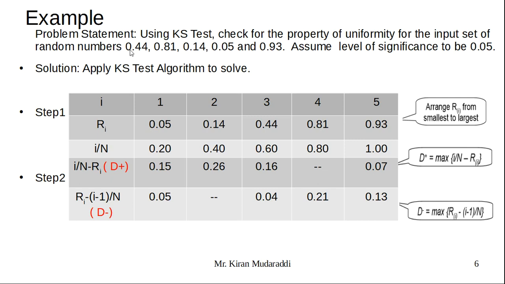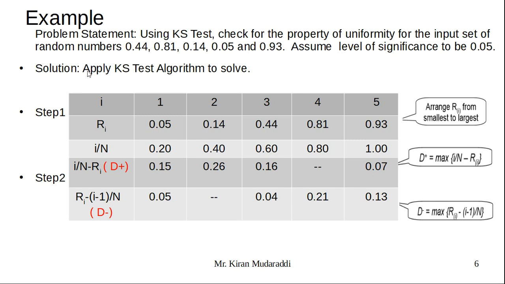The random numbers given are 0.44, 0.81, 0.14, 0.05 and 0.93, and the level of significance, alpha, is given as 0.05.